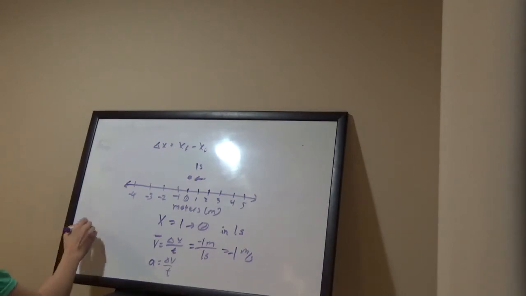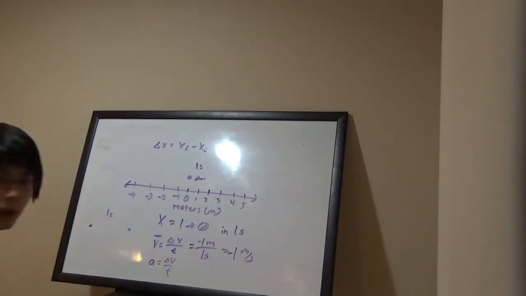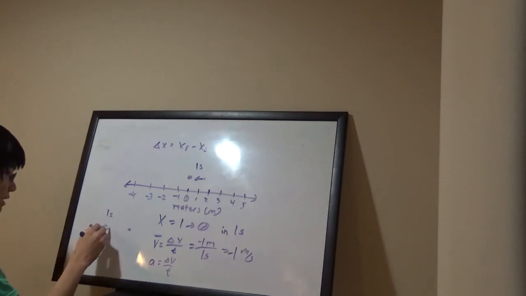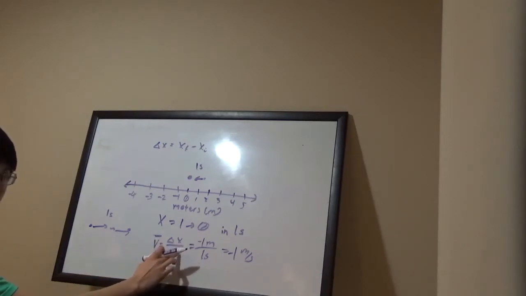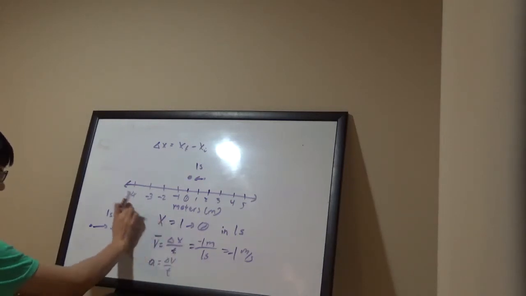If I travel from here to here in 1 second, that doesn't mean I'm traveling at a constant speed. I could be sprinting, then slow down, then sprint again, and still make it in 1 second. My velocity could be fast, then slow, then fast again, but my average velocity is always going to be equal to this.